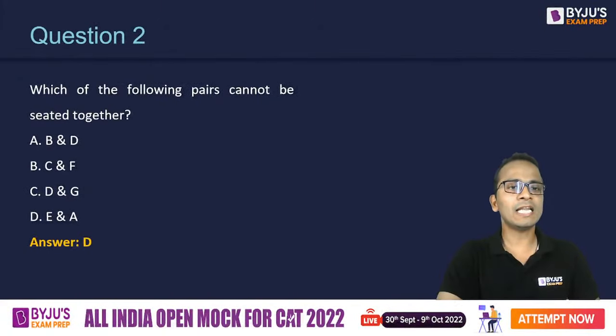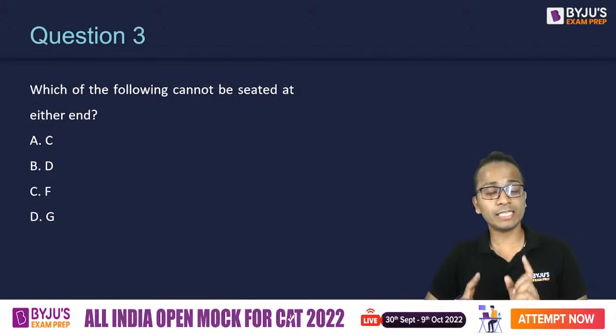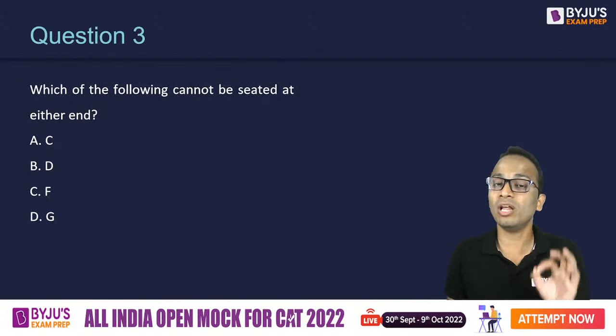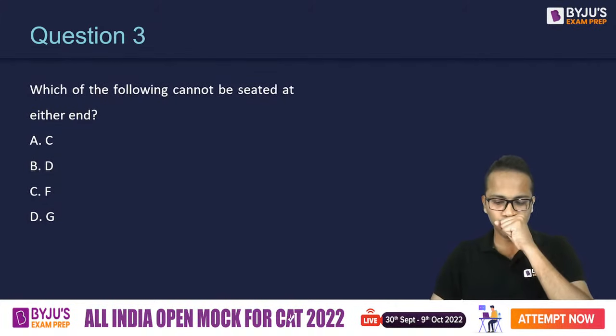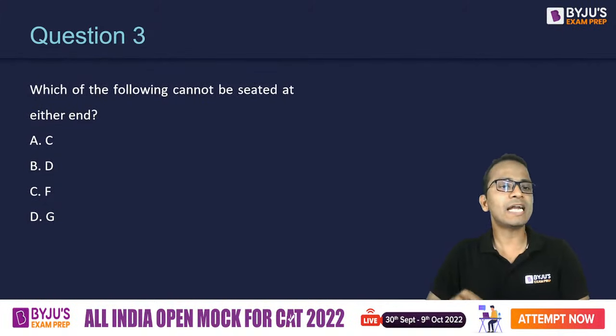Quickly looking at the last question. Last question of this set, then we'll have one more wonderful, lovely set to finish. Which of the following cannot be seated at either end? Same question as the one we did earlier.